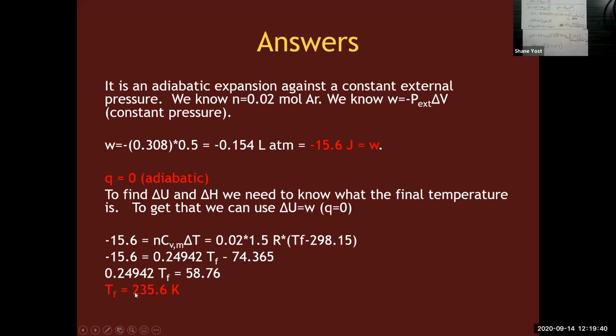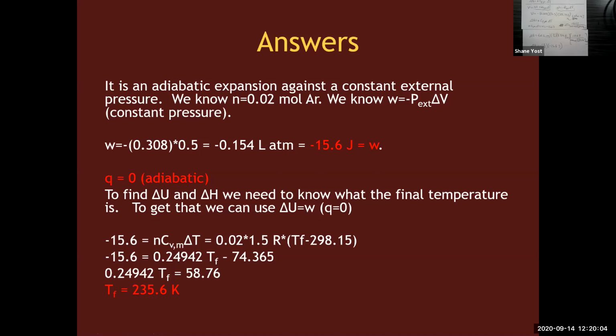Note that the final temperature here decreased for this adiabatic expansion as we expect, but decreased less than it did for the reversible case. It's because we got less work done by the constant pressure expansion versus the reversible. This goes back to the point that any reversible process always does more work than an irreversible process.